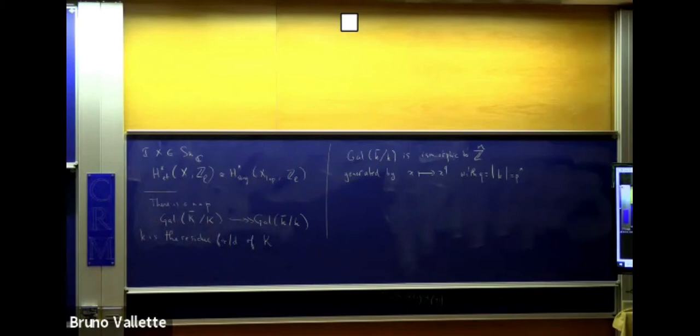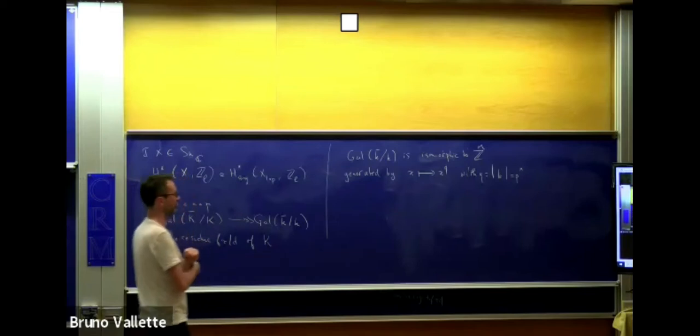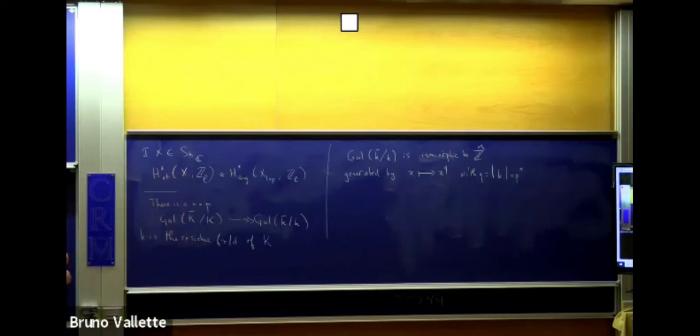In positive characteristic, putting something to the q's power is a ring homomorphism, and this generates the absolute Galois group of little k.